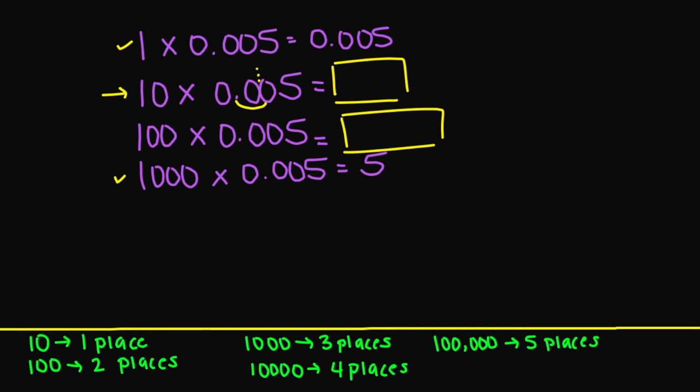So it's going to be right here between these two zeros. So you're going to get 0.05 as your answer. Now I'm going to move my decimal 2 places to the right because I'm multiplying my factor by 100. And that's going to be 1, 2. It puts me now between the 0 and the 5. So your answer here is going to be 0.5.